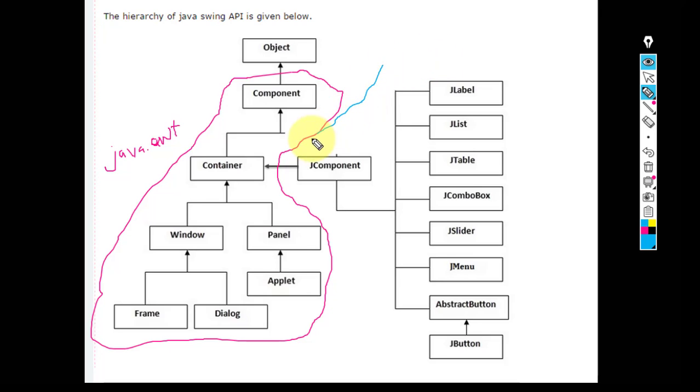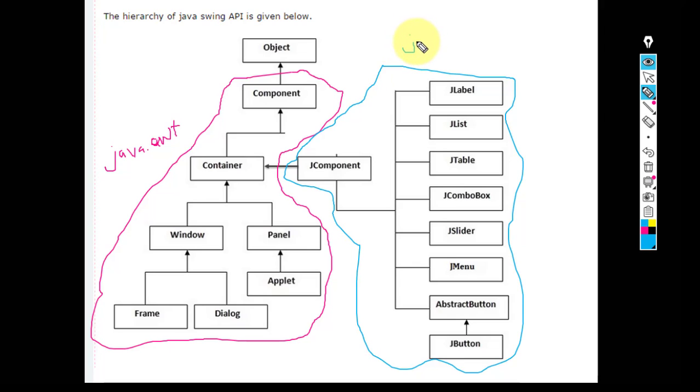And this is your javax.swing package. And where is your Object class? It is in the java.lang package, correct? So look, the inheritance hierarchy is like this.